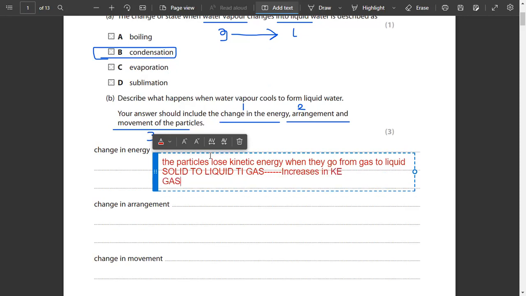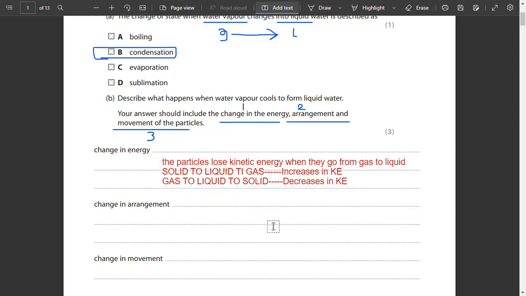When something goes from gas to liquid to solid, there is always a decrease in kinetic energy. So here we are going from gas to liquid, so there would always be a decrease in kinetic energy.